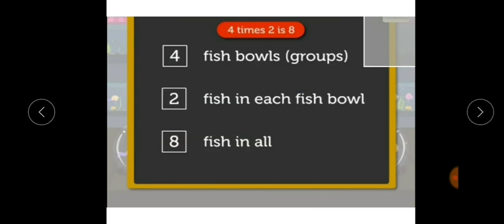In the previous question, we saw that there are 4 fish balls and each ball has 2 fish and a total of 8 fish. So in multiplication, we can say 4 times 2 is 8. By adding 2, 4 times, we get the answer 8. So we can say 4 times 2 is 8. Then how do we write this, 4 times 2 is 8, in a sentence?